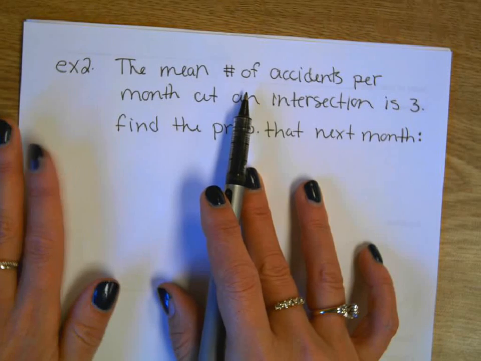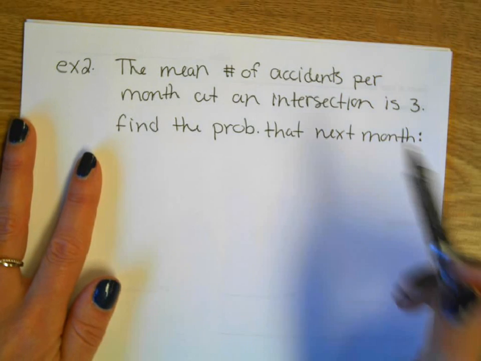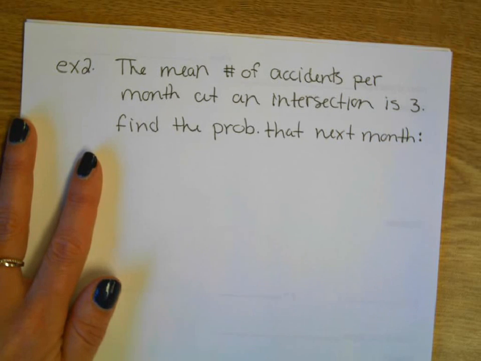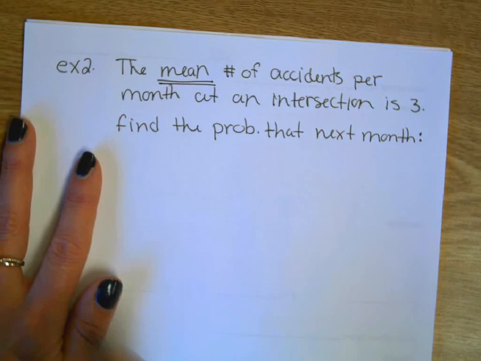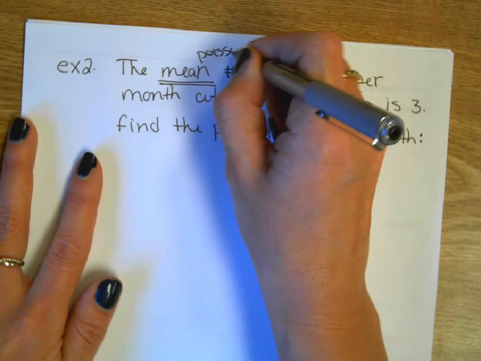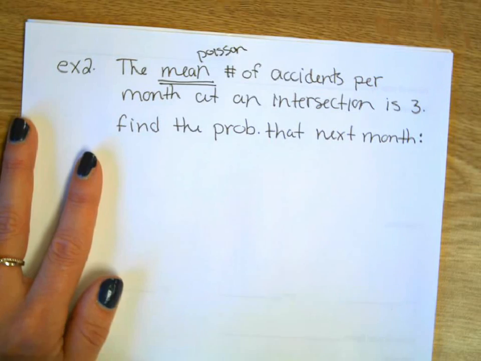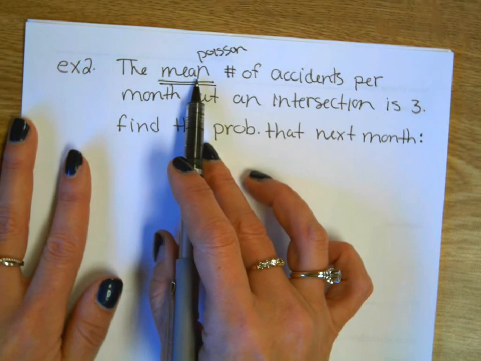Keep going. Okay, ready? Stay with me 5 more minutes. The key word in here that makes this Poisson, listen: mean. That tells us Poisson. So they're giving us a mean. The binomial doesn't give us a mean. The geometric doesn't give us a mean.